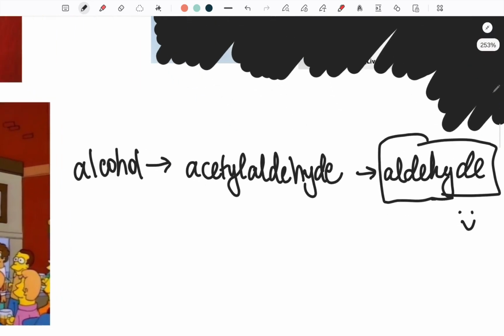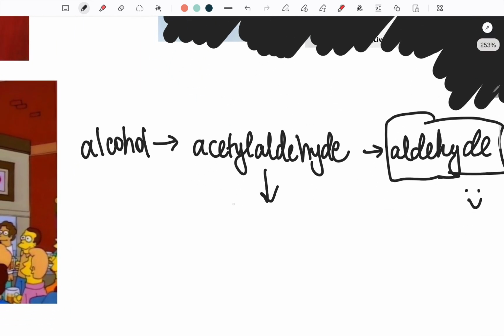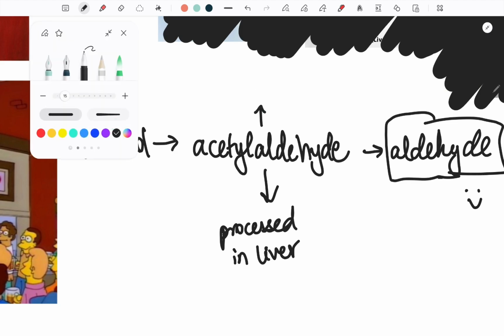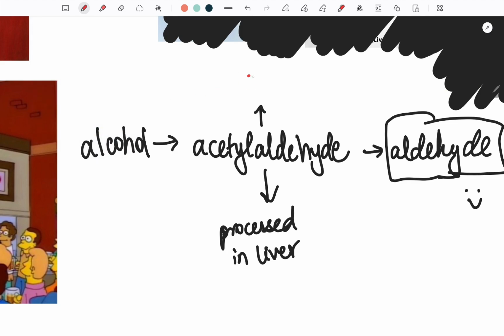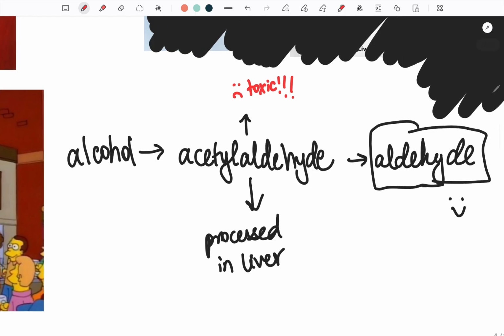Why is it safe? Because your liver is processing acetaldehyde, but the problem is, acetaldehyde is very toxic. And so your body stays safe because of your liver, but your liver takes a lot of beating in the process.